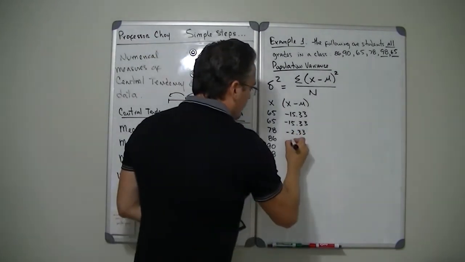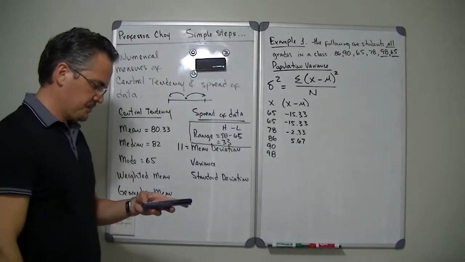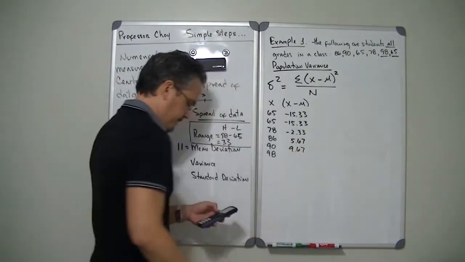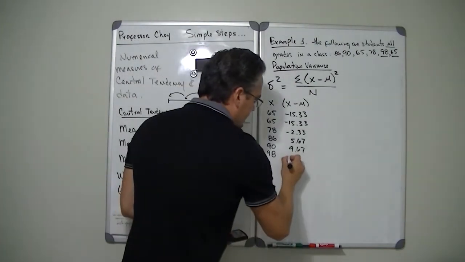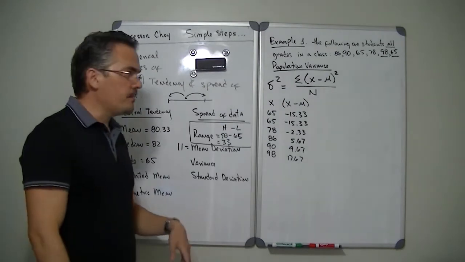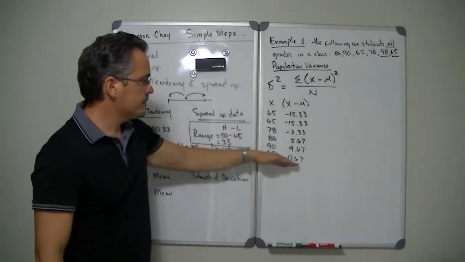Then 5.67, 9.67, and 17.67. So in following the formula, we're doing x minus mu. That's what this is right here.